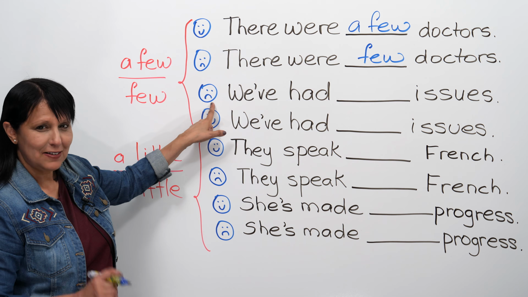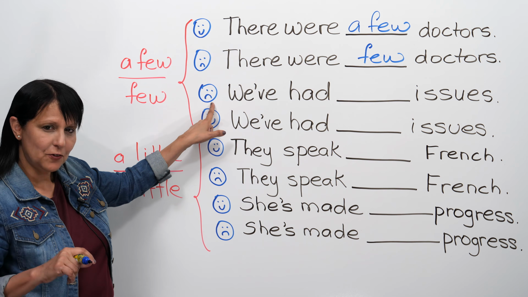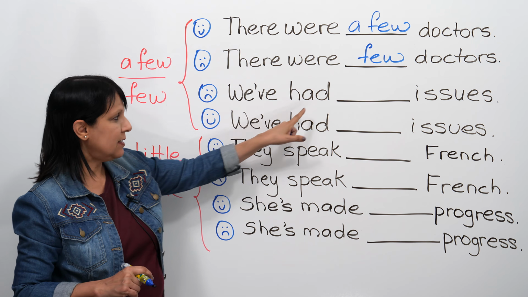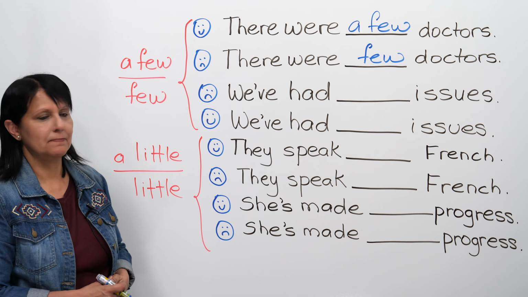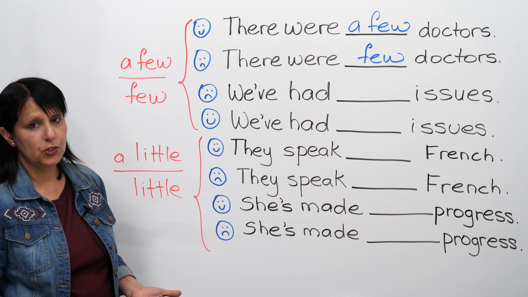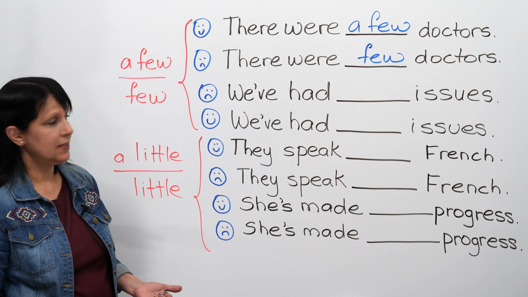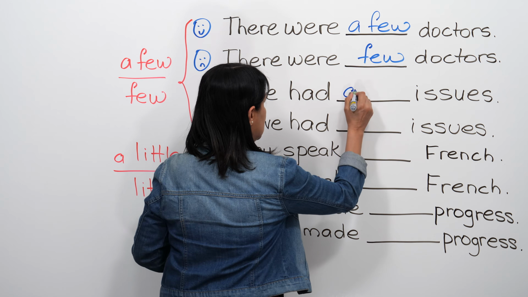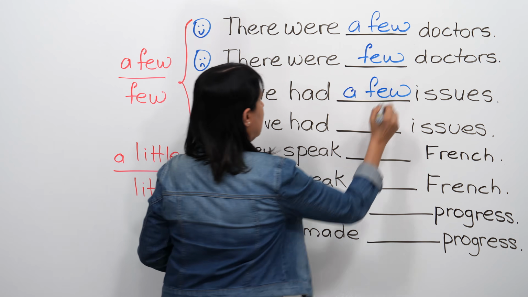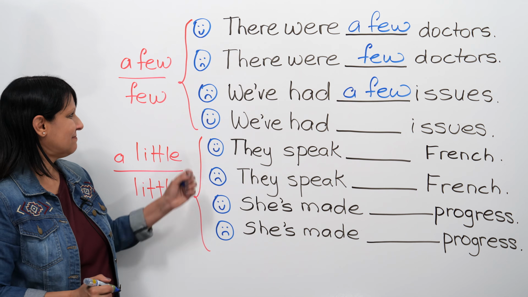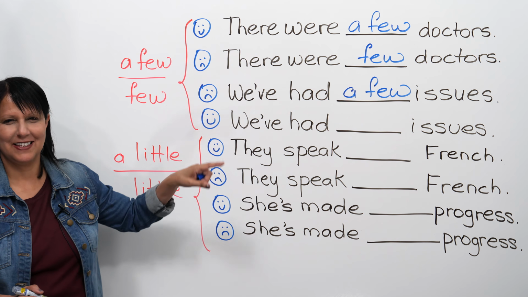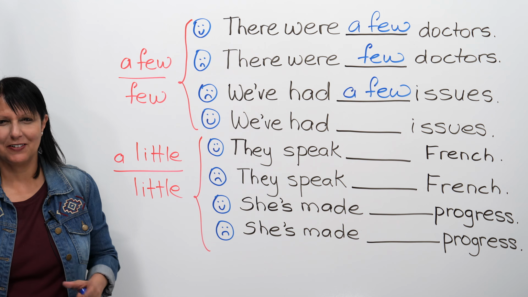This is not a happy situation, so we say, unfortunately, we've had blank issues with our computers, let's say. Unfortunately, we've had a few issues with our computers. That's a good thing. Oh, sorry, that's a bad thing, right? We've had a few issues with our computers.